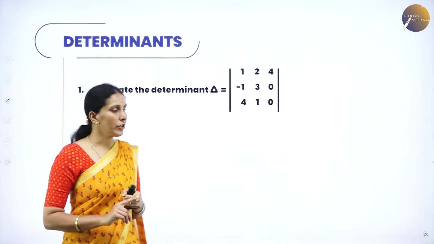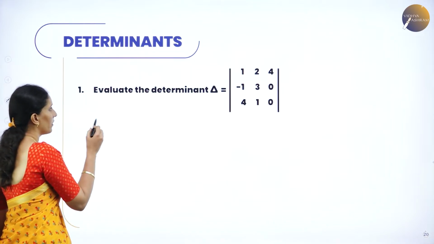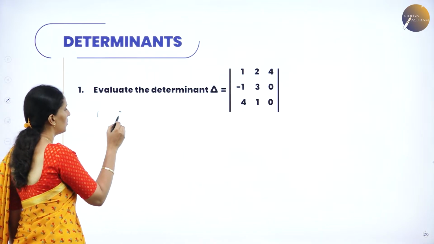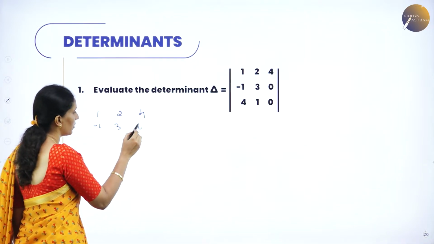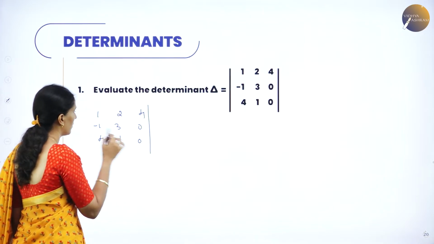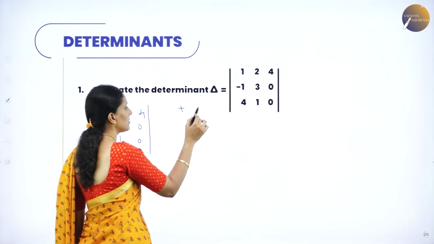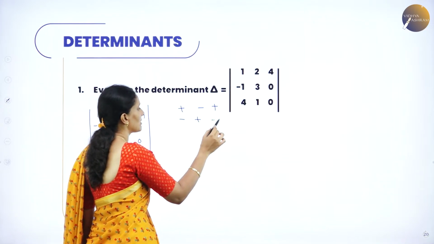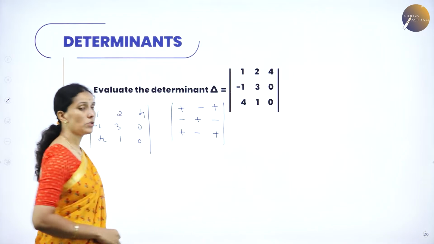Now let me show you the expansion of this determinant. So we have 1, 2, 4, minus 1, 3, 0, 4, 1, 0. Remember the sign always: plus minus plus, minus plus minus, plus minus plus. So these are the positions.